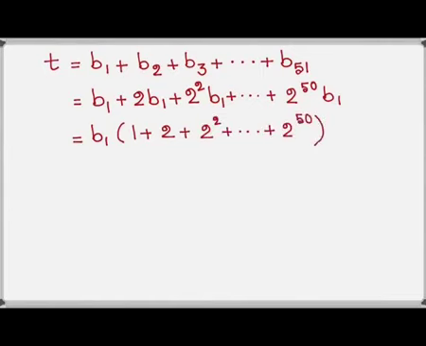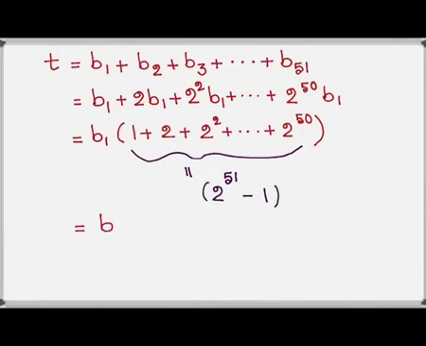Now note that this is a geometric series and this is equal to 2 to the power 51 minus 1. Therefore, we get t is equal to b1 into 2 to the power 51 minus 1.